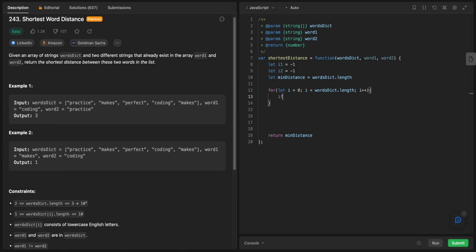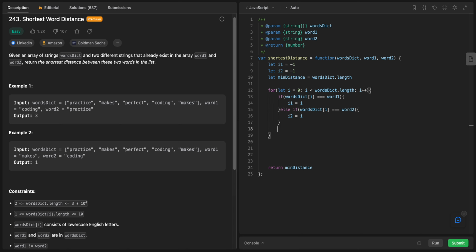So let's say that if words dict of I equals word1, I will say I1 equals I, and else if words dict of I equals word2, I2 equals I.